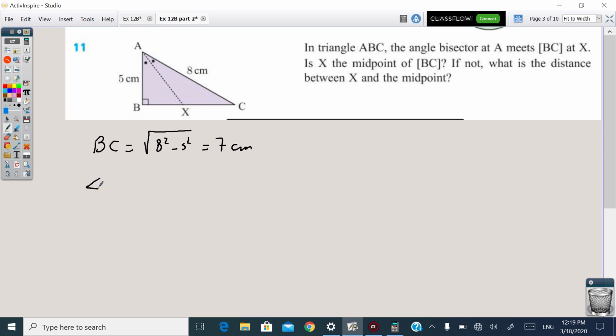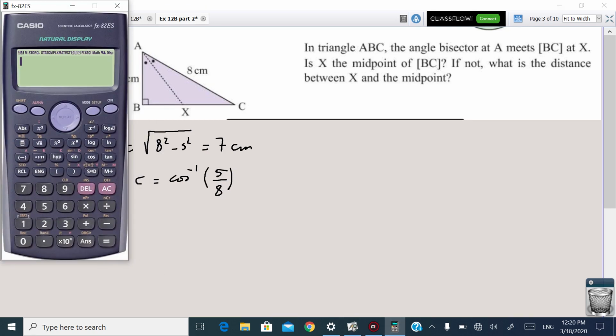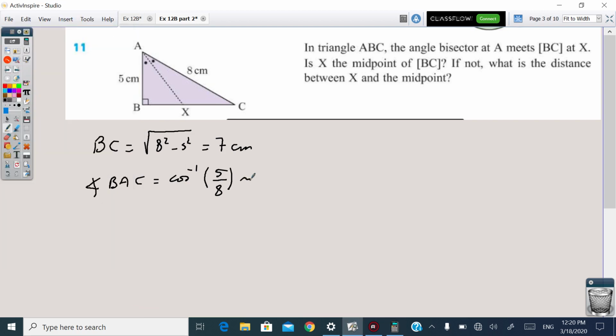So the angle BAC is equal to cosine inverse of the adjacent over the hypotenuse. And let's calculate that. And that's 51.3, to three significant figures.